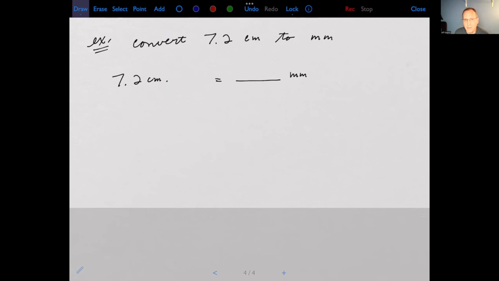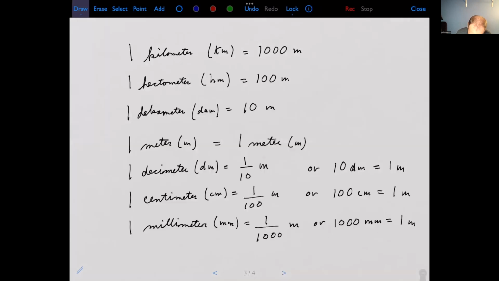Okay, so I need to figure out what the relationship is between centimeters and millimeters. What is that relationship? Well, if we go back to the previous page for a second, we know that 1 centimeter, since it's one spot above millimeters, is 10 times as large as a millimeter.